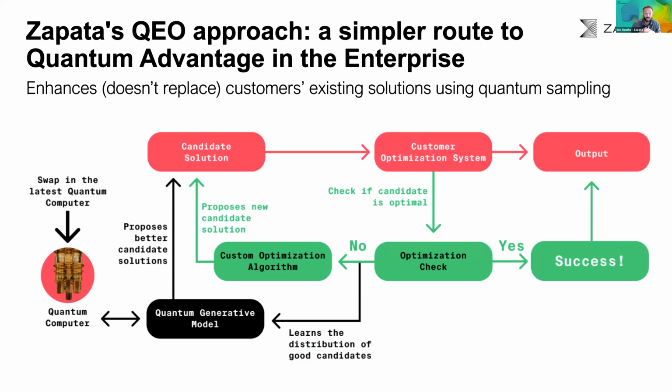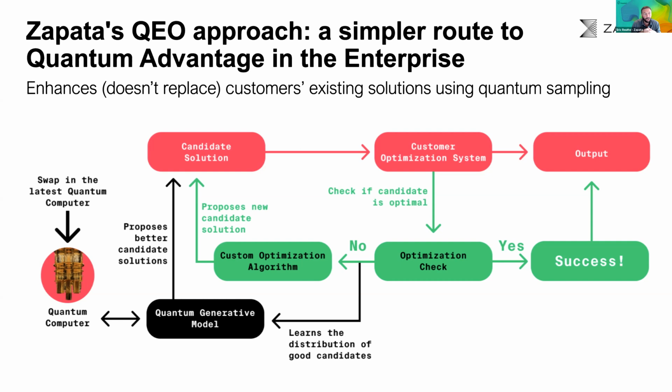So how do we get to this quickly? How can we really take advantage of quantum in enterprise now? One of the approaches that we've been exploring, and we are exploring this with a few companies in both energy and consumer goods, is our QEO approach. So really, we're looking at trying to boost existing solver solutions with quantum.